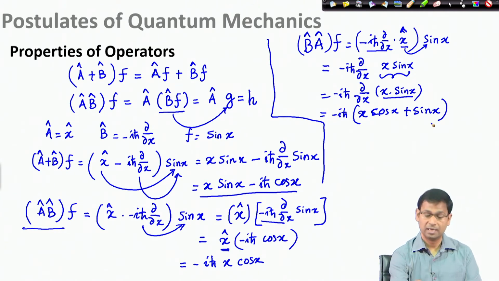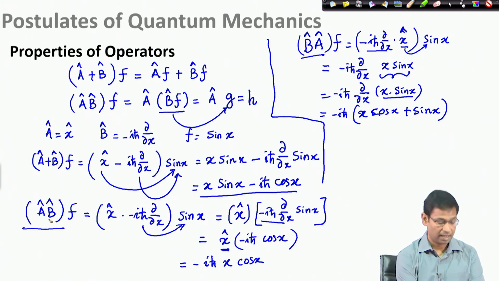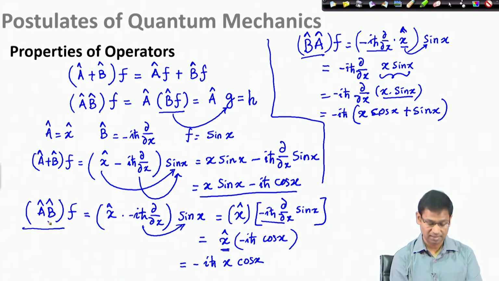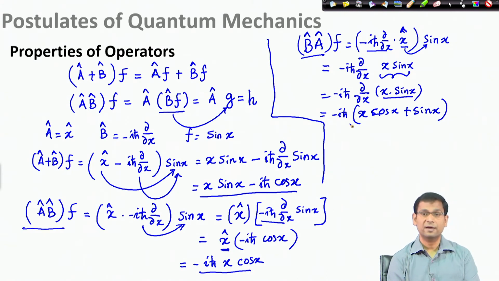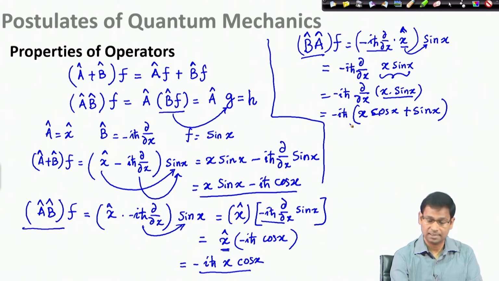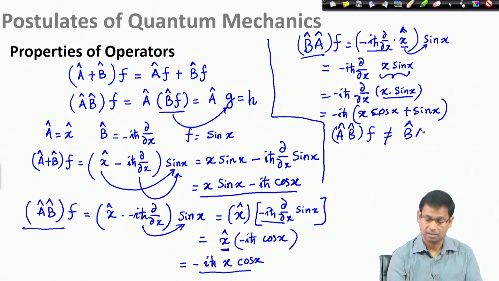So, then when I apply B A on function f and I apply A B on function f, I see the results are different. So, therefore, the operator algebra is not necessarily always commutative. So, what I see is that A B f is not equal to B A f.